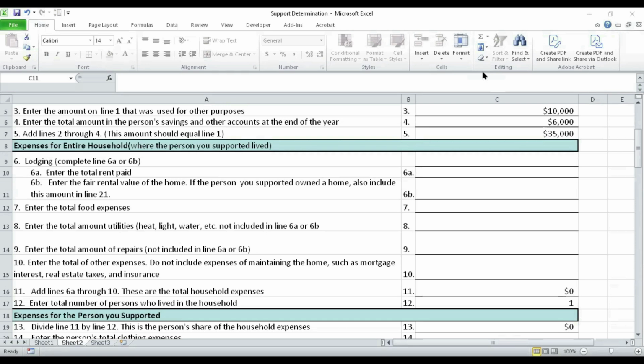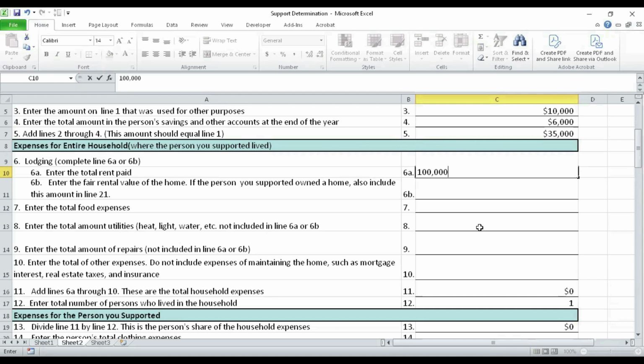Next, we'll determine the expenses for the entire household. For lodging, he does not rent. He owns the home, and the fair market value of the home is 100,000, which does not include repairs or window installation.